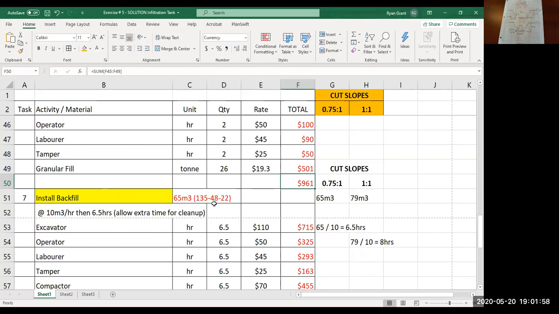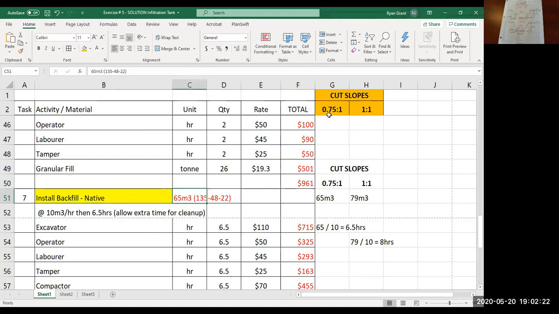We subtracted the tank volume, and we subtract the import gravel volume, and that leaves us with 65 cubic meters of native backfill to go back into the hole.